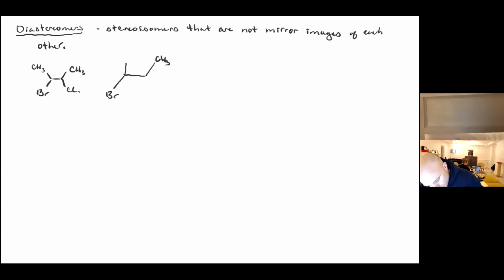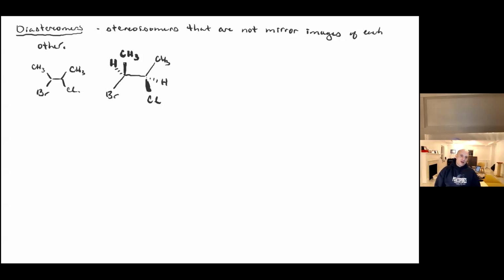So the methyl group on the right, I'm going to put coming out at us. And there's a hydrogen going back, so I didn't draw that in the first structure. It's implicit. And then I'll put the chlorine coming out, and the hydrogen is going back. Okay.